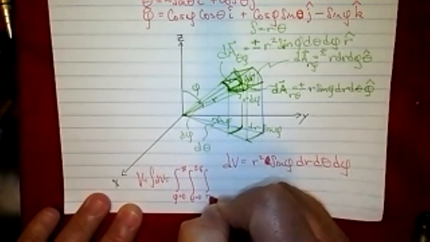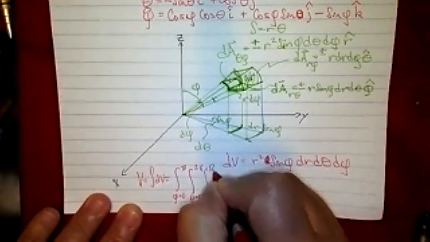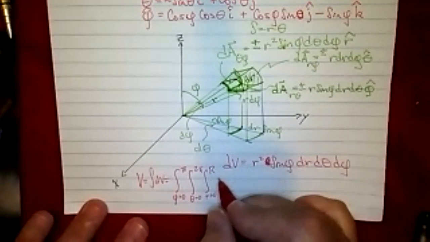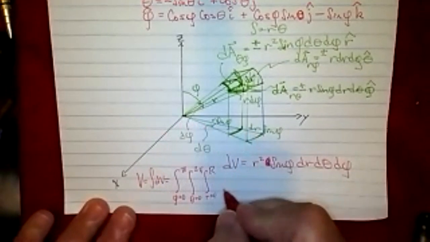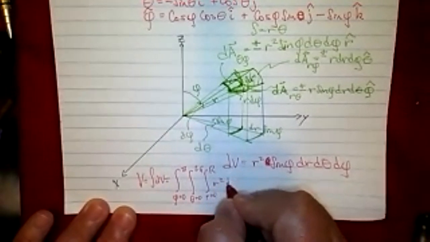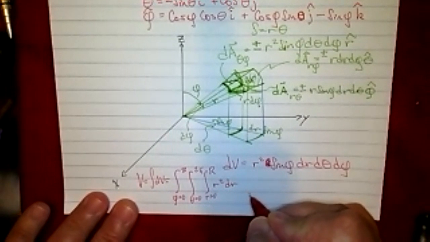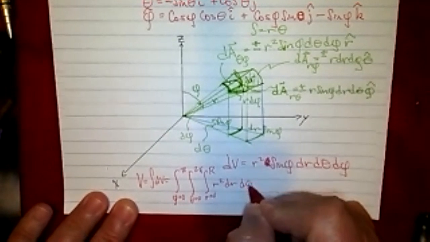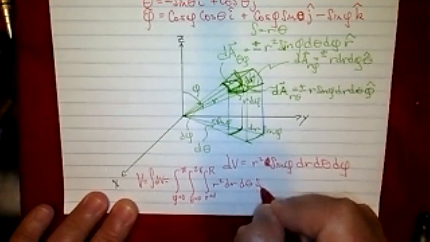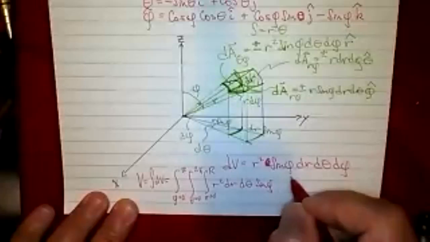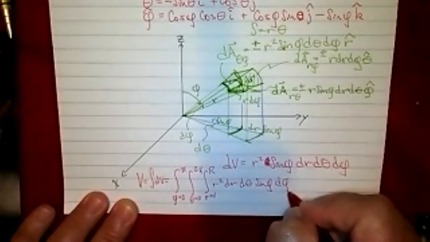And then r is going to go from 0 to R. So I'm talking about a sphere centered on the origin here. That's going to be r squared dr, then d theta, then sine phi d phi.